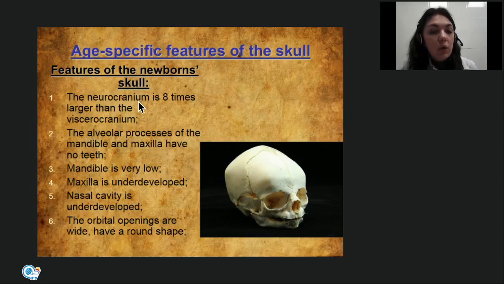First of all, the neurocranium is 4 times larger than the viscerocranium. And in an adult person, this ratio is 2 to 1 only. So the neurocranium doesn't grow as fast as the viscerocranium does with age.